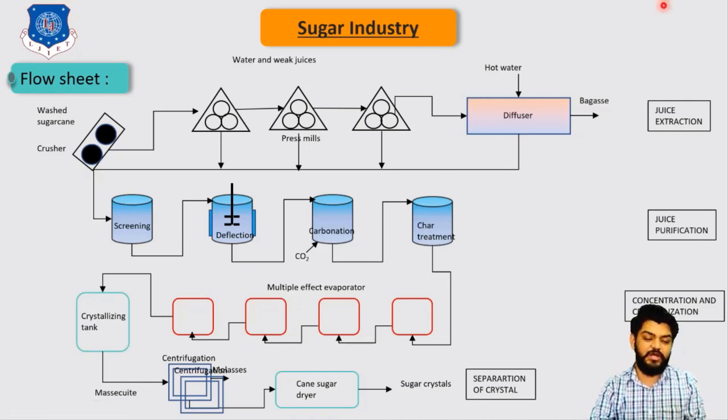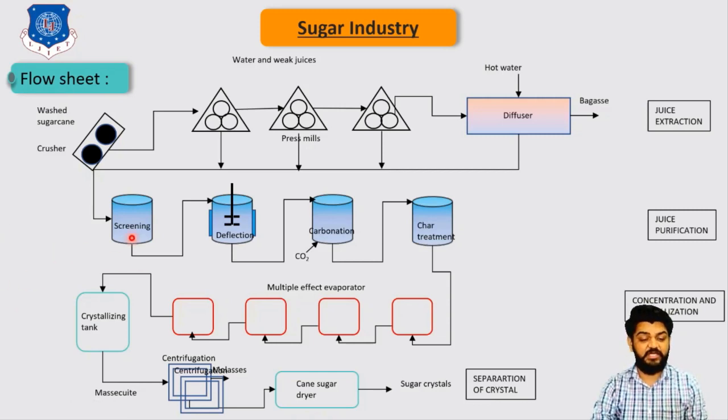All the sugar juice you can see here is collected and sent to the screening section, in which we remove different types of impurities. Then the reaction mass is sent to the defecation unit, which is provided with an agitator, and here we add some lime so that we can remove further impurities.